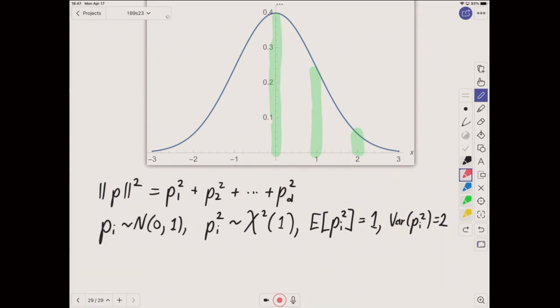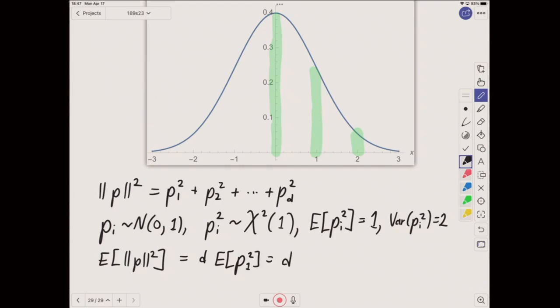So that's going to mean that the expected value of p squared, which you'll remember is just the sum of all of these, is going to be d times the expected value of, say, p1 squared.